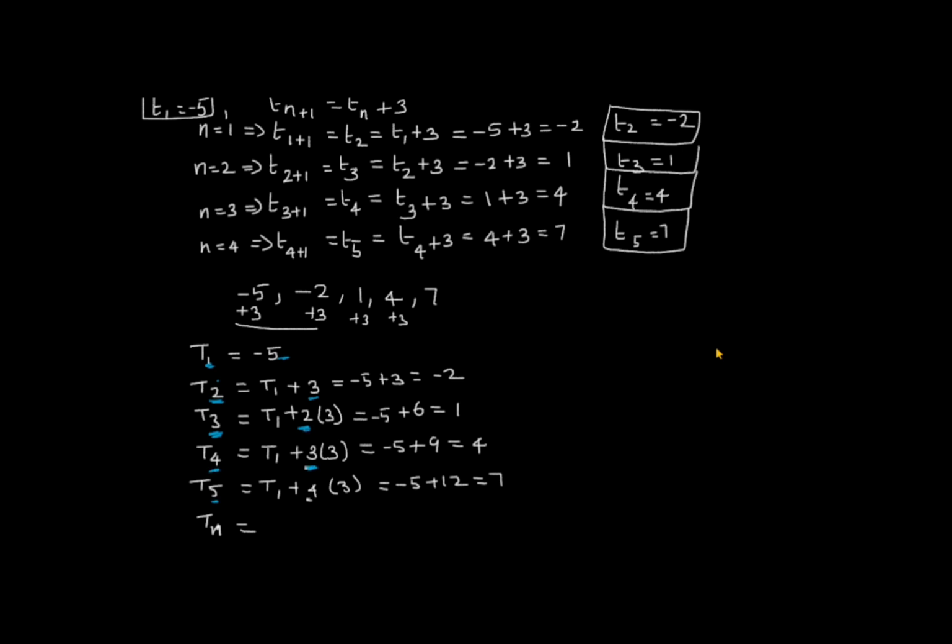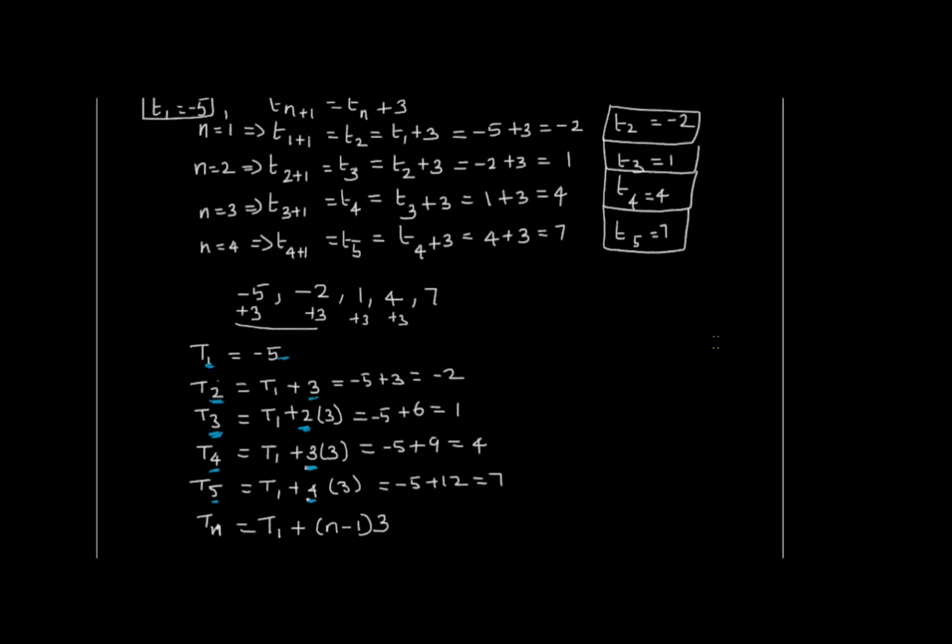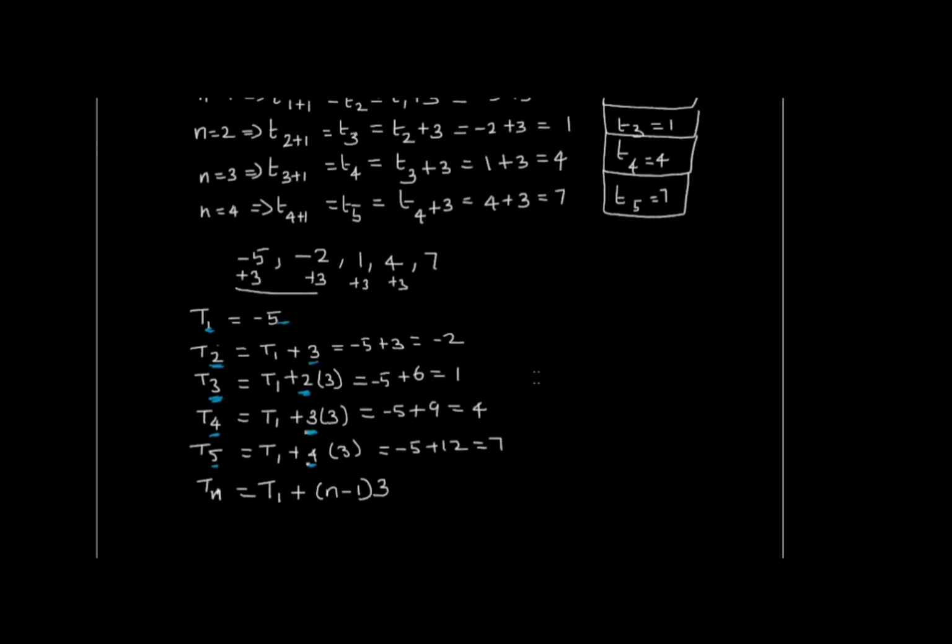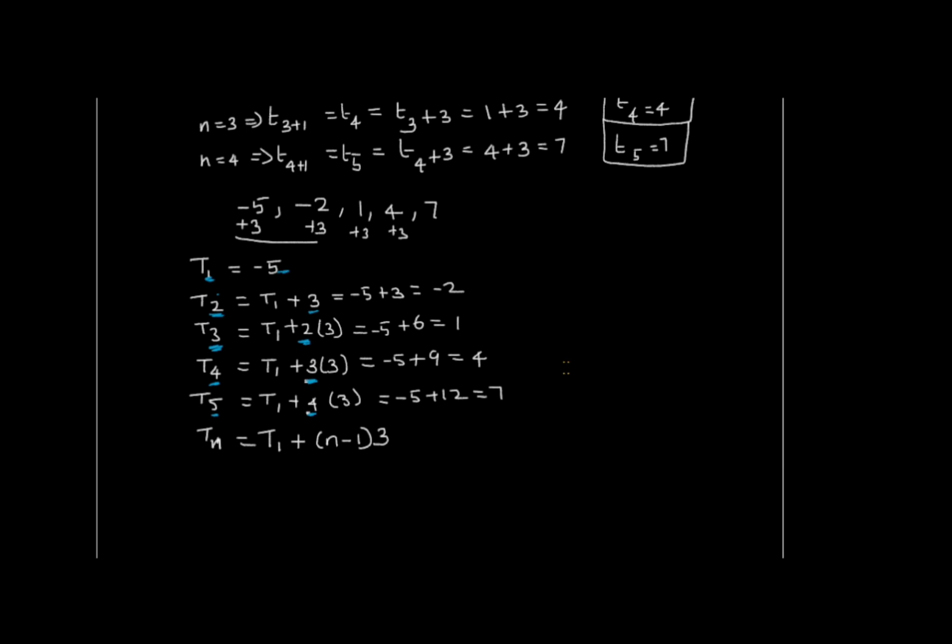For the fifth term, we are adding 4 times 3. So for the nth term, with T1, we need to add n minus 1 times, because 4 is 5 minus 1, 3 is 4 minus 1, 2 is 3 minus 1. So n minus 1 times 3. If we add n minus 1 times 3 with T1, we will be getting the nth term.